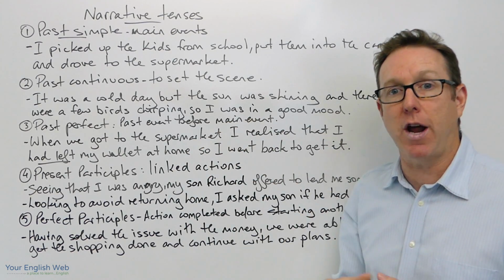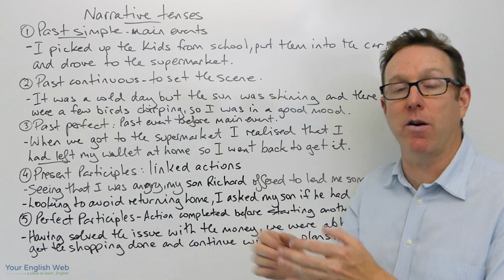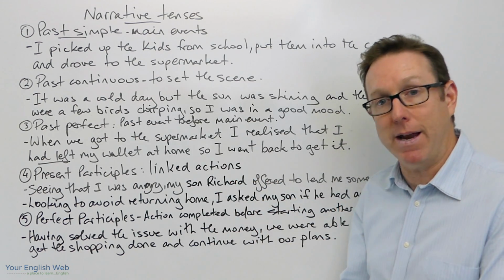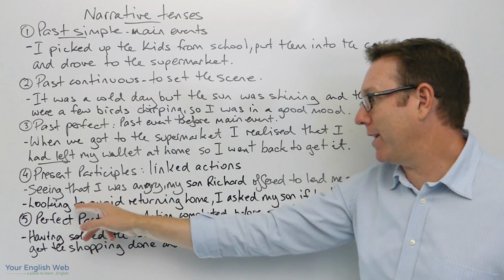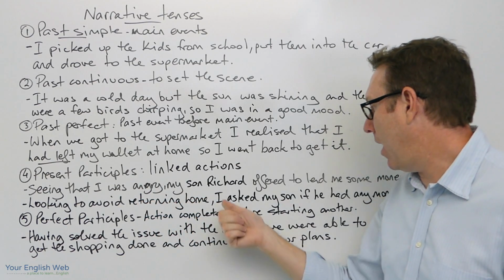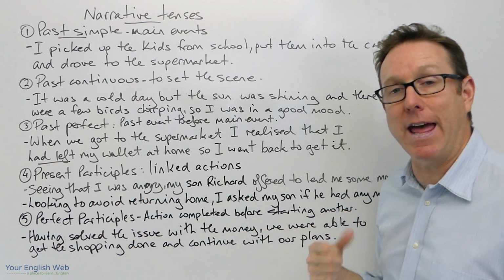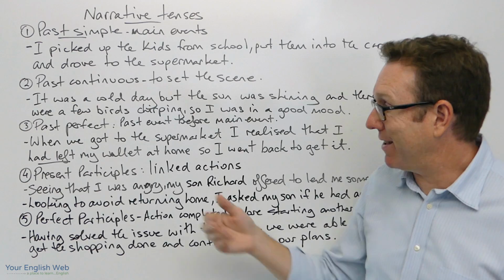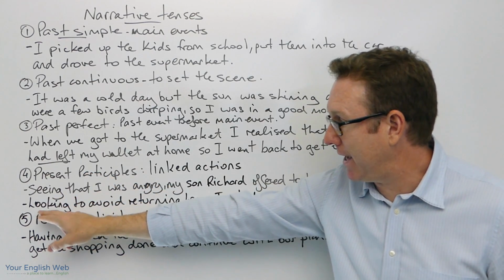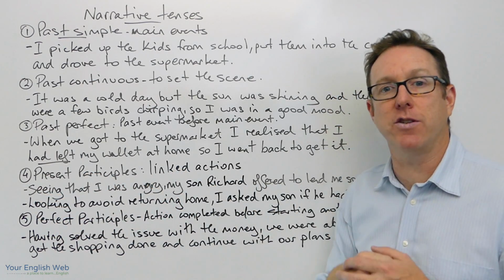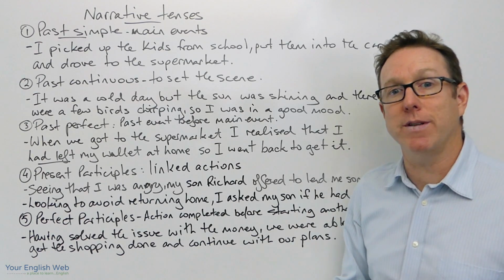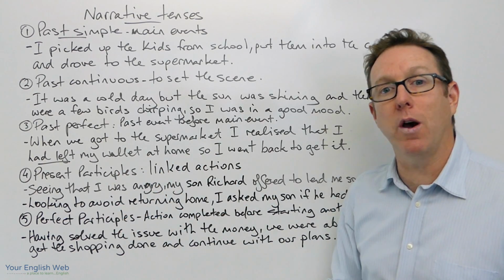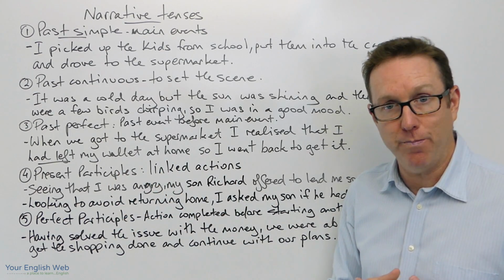So he saw that I was angry, or seeing that I was angry, he offered to lend me some money. Or, looking to avoid returning home, I asked my son if he had any money. So we're using the present participle here in order to link the actions together. So seeing that I was angry, or looking to avoid returning home.